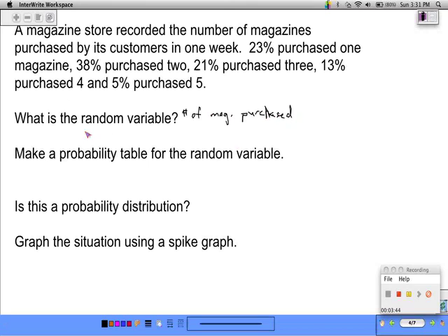The possible values it could take on are 1, 2, 3, 4, or 5, or technically people could buy 0, but nobody bought more than 5. And we want to make a probability table for the random variable.